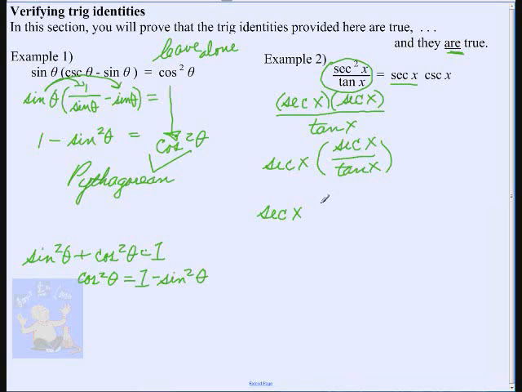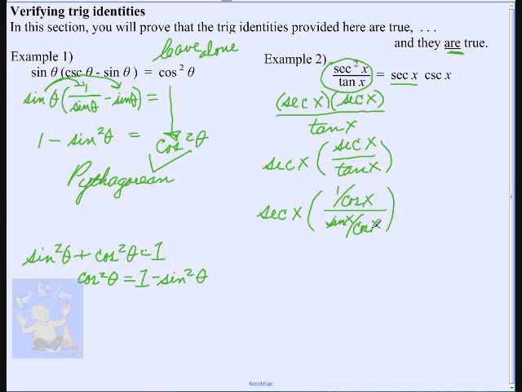Let's put it in terms of sine and cosine. All of these can always be written in terms of sine and cosine. So secant is the same as 1 over cosine x. And tangent can be written using the quotient identity as sine x over cosine x.